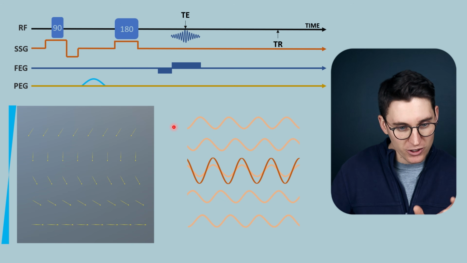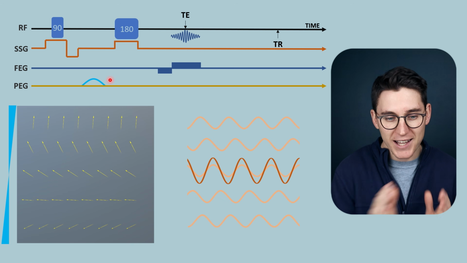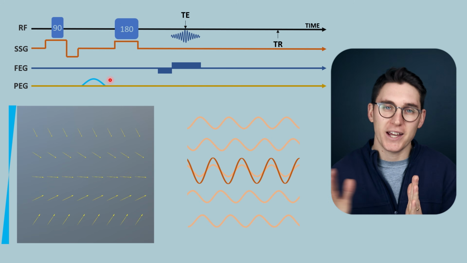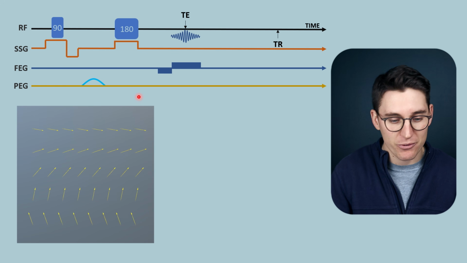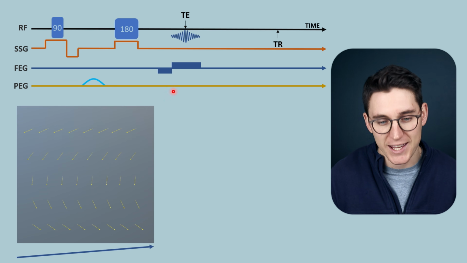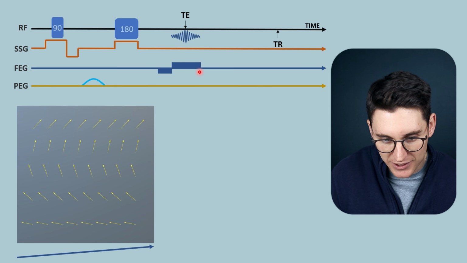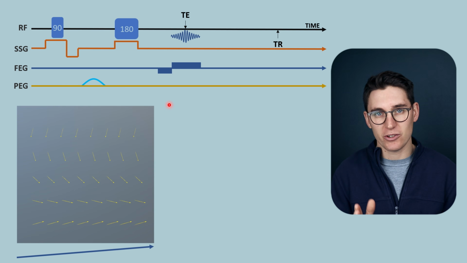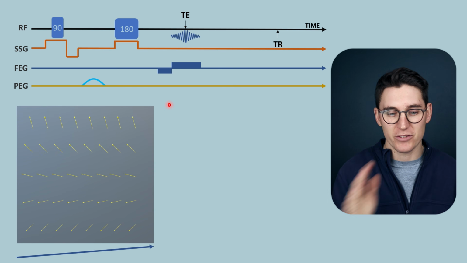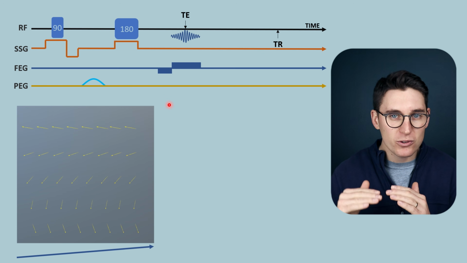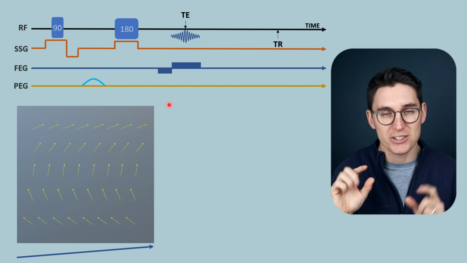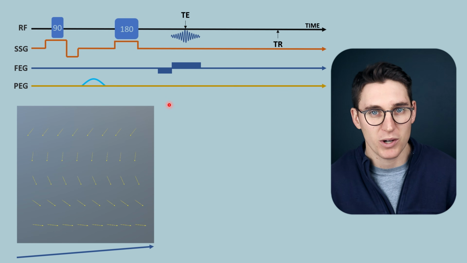Now this phase encoding gradient that we have applied here has now got some memory as we are heading towards our frequency encoding gradient. We then apply a frequency encoding gradient along the x-axis here, as we've looked at here. That frequency encoding gradient is going to cause the frequency of the spins to change depending on their x-axis location. We've still got that phase encoding memory that is going to be baked into the signal that we acquire here.